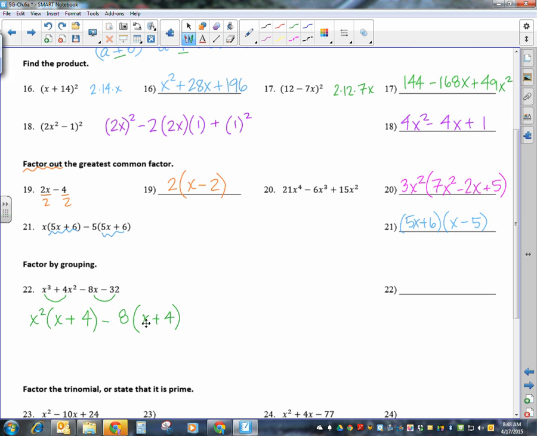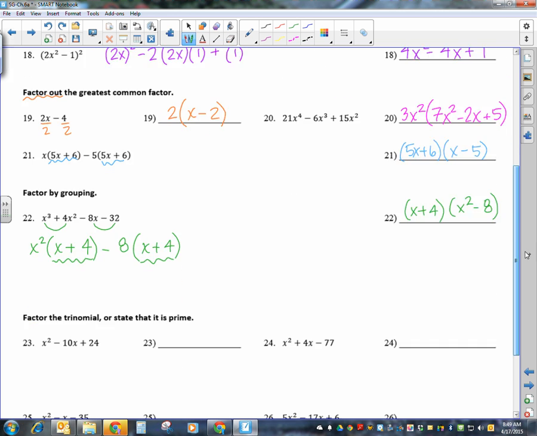So minus 8 times x is minus 8x. And minus 8 times positive 4 is negative 32. So sometimes you might have made a mistake if you tried to factor it. But if you write them the same, then you'll know for sure, because these two have to be the same for you to continue. So this and this is my common factor. So I take it out, and what I'm left with is x squared minus 8.